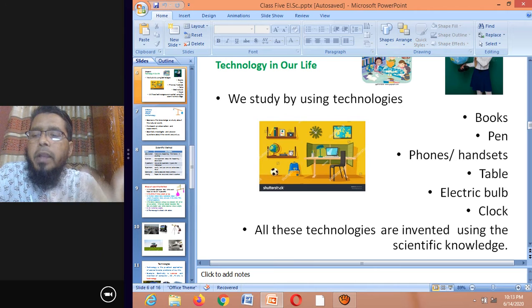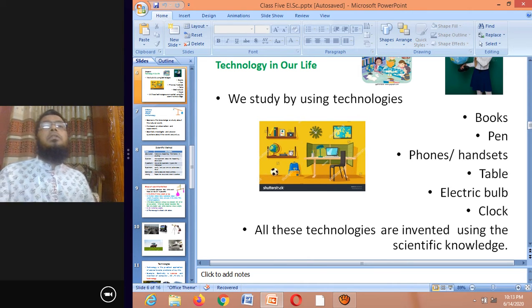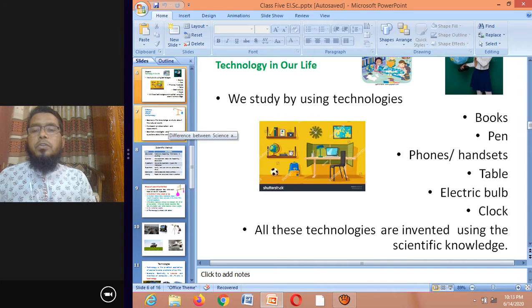When they find the result of the experiment, that is called scientific knowledge, and then they share it. These steps are called scientific methods.